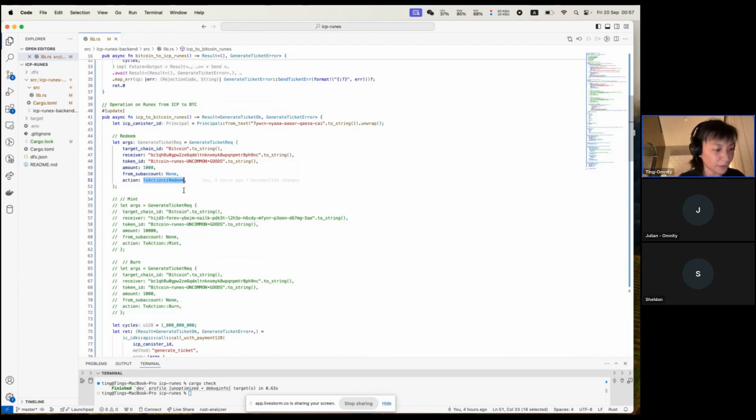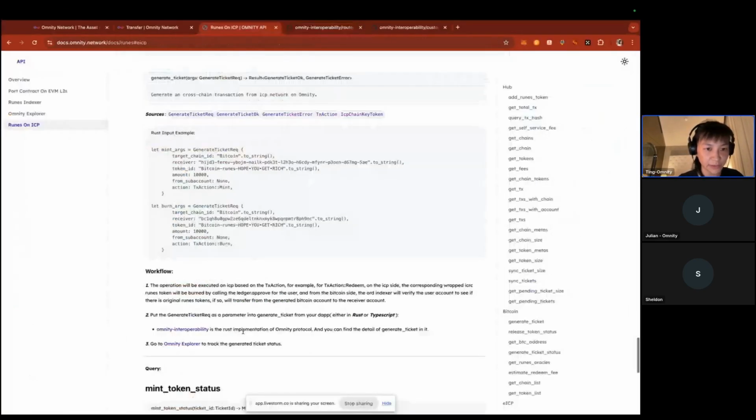If so, it will transfer the token from the generated Bitcoin account to the receiver account. And after that, we will be waiting for, again, at least 4 confirmation blocks until the transaction is finalized from the Bitcoin side. And the detail is also here.